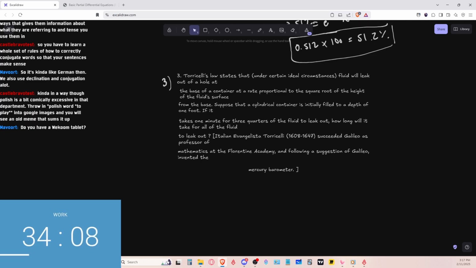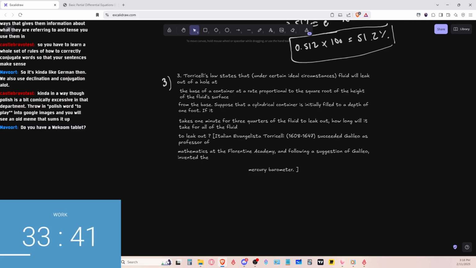What stops it all from being a mess is you conjugate words in ways that give them information about what they are referring to, and the tense you use in them. Oh, okay. I'm pretty sure languages always have a certain logic to them, even though it might seem strange to people who don't know the language or aren't used to that type of structure.